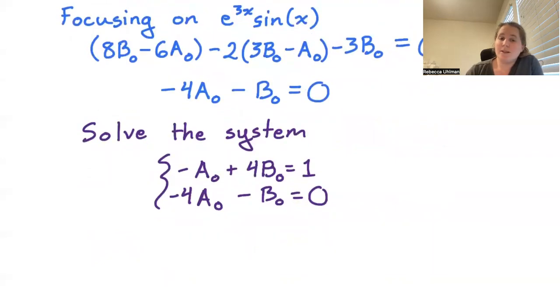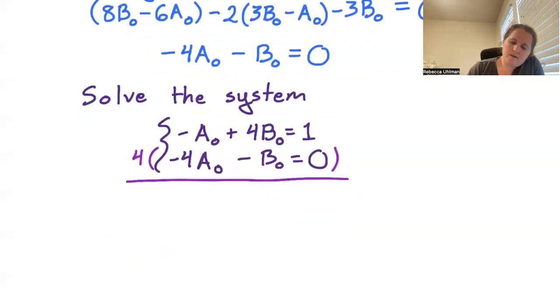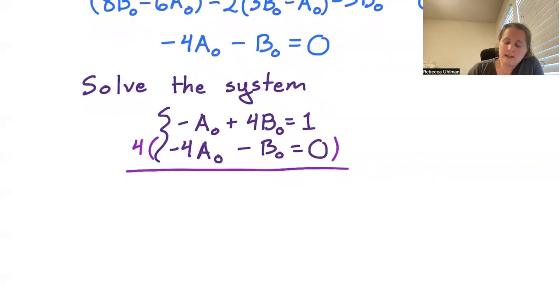You could do elimination, substitution, whatever technique you want. If we multiply this bottom equation by 4 and add them together, this becomes negative a0 minus 16a0, so negative 17a0 is equal to, sorry, is equal to 1.